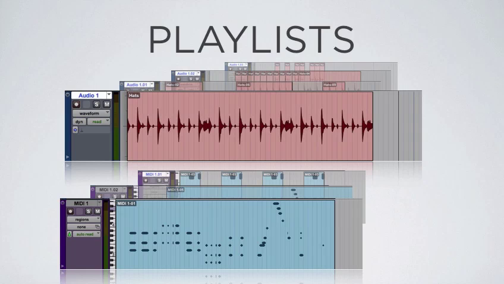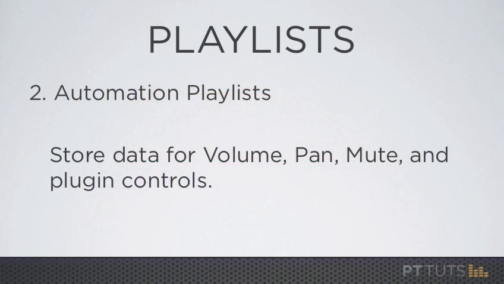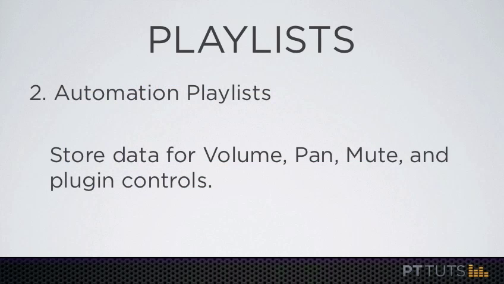Okay, now so far we've been talking mostly about edit playlists, but let's talk for a moment about automation playlists. Automation playlists are similar to edit playlists in the way that you can use them to store data. In the case of an automation playlist, you're storing volume, mute, panning, and plugin automation data within each track.